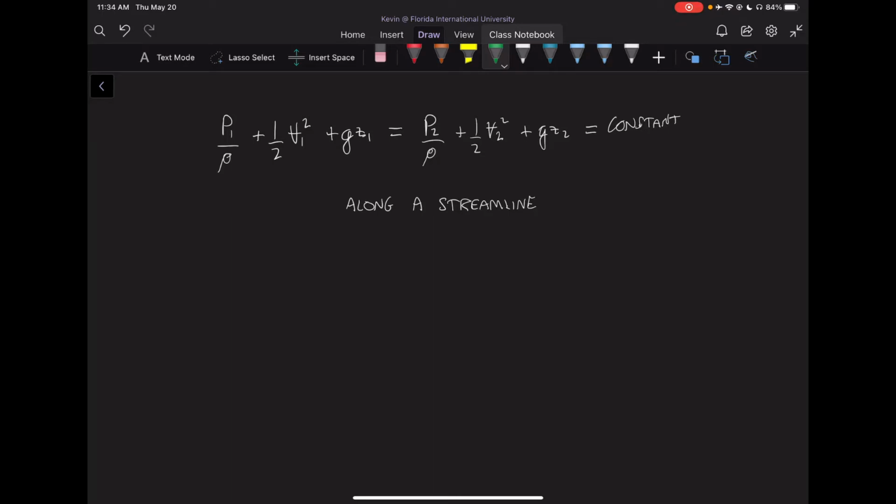Okay, it's a frictionless flow. So there's a lot of conditions to this, but we're going to be able to use it for a system that goes along a streamline.